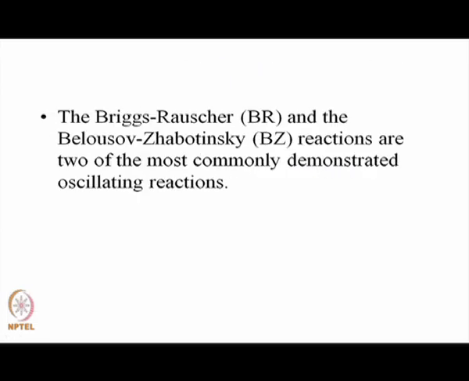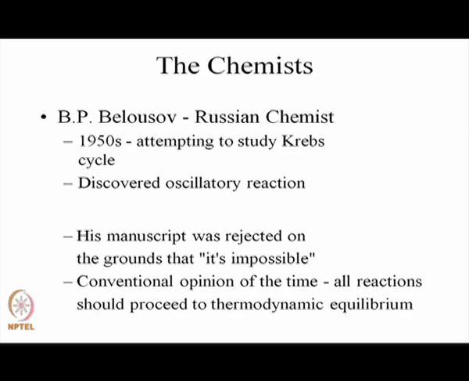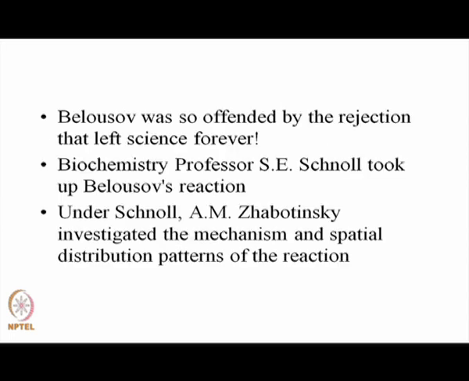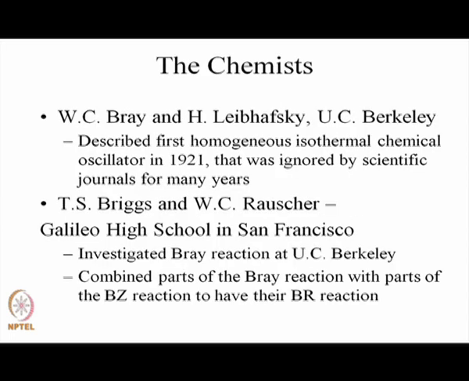And the history is like this: the Belousov-Zhabotinsky reaction is a commonly demonstrated oscillatory reaction, and Belousov in 1950 discovered this particular reaction, but unfortunately the scientific community did not accept it. Later on it was established by Zhabotinsky, that is why it is the Belousov-Zhabotinsky reaction.